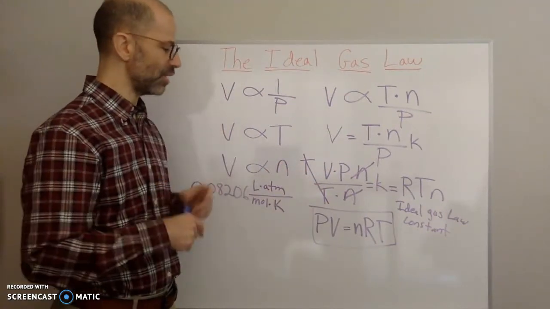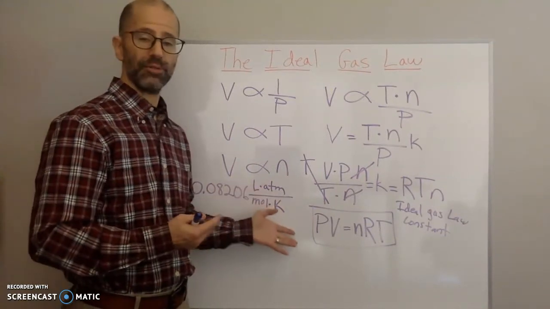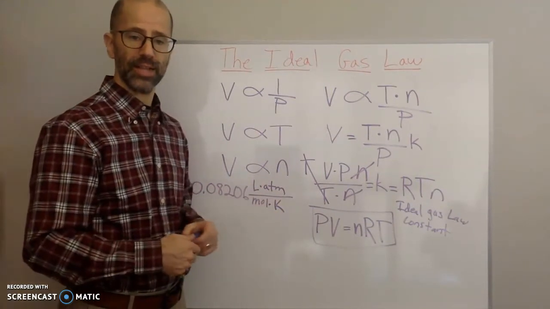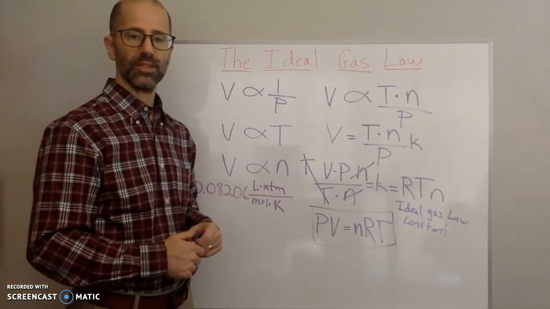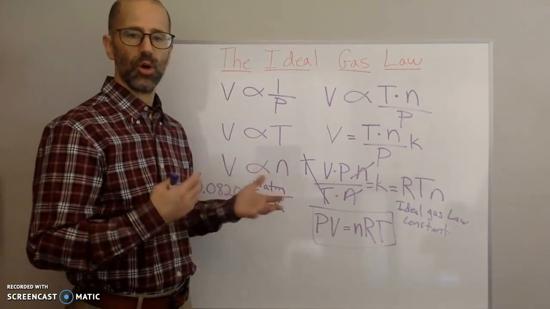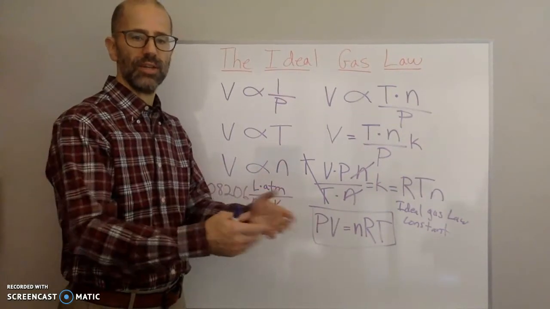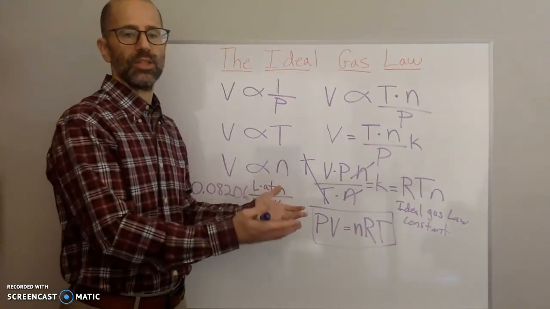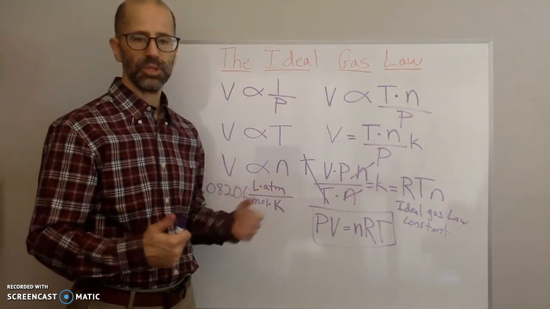You could do it that way, but then you'd be using it twice, which is fine as long as it gets you the right answer. But usually the ideal gas law is used in situations where there is no change in the gas conditions. They're just giving you one set of conditions and they ask, what's the missing part? So you would solve this equation for the missing part.